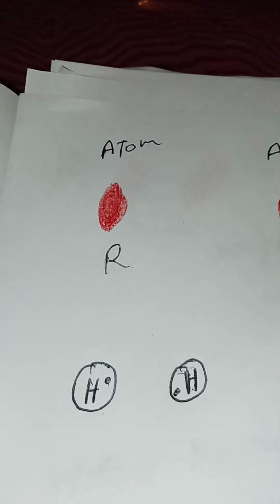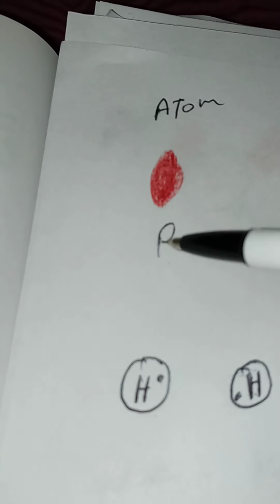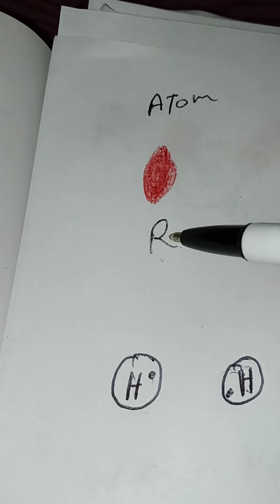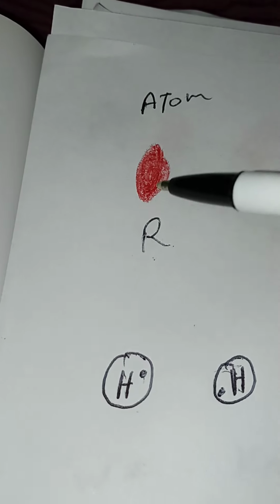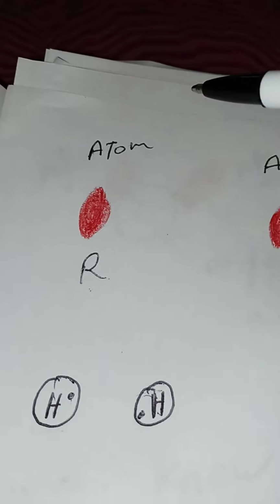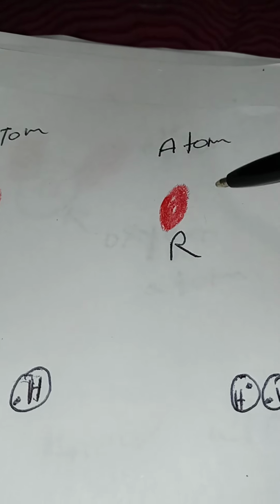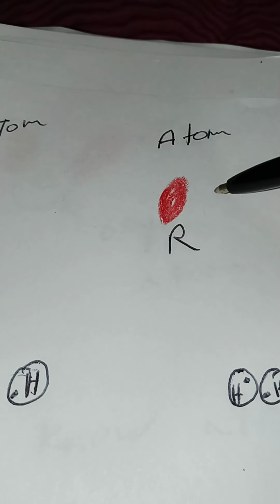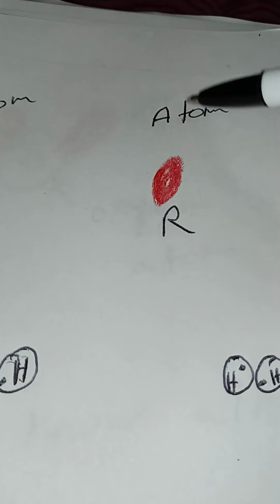Now, when you have an atom of one element, let's say red, like the capital R, it is in its purest form of the element. This is just an example. You don't have to remember this too much, just keep it in mind. And let's say you have another pure element, another red capital R atom.